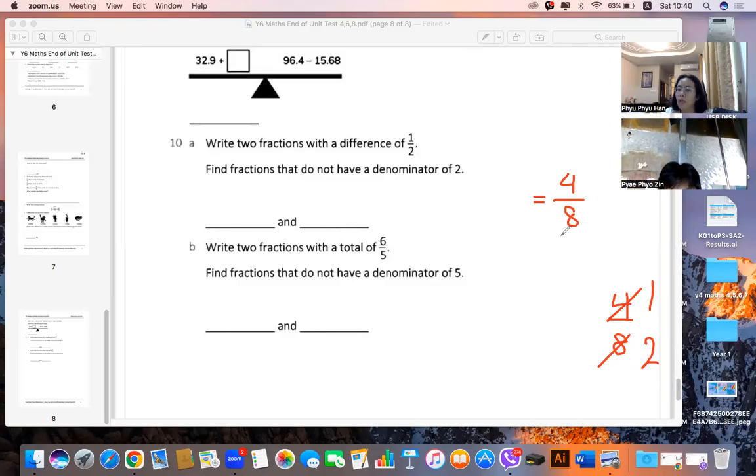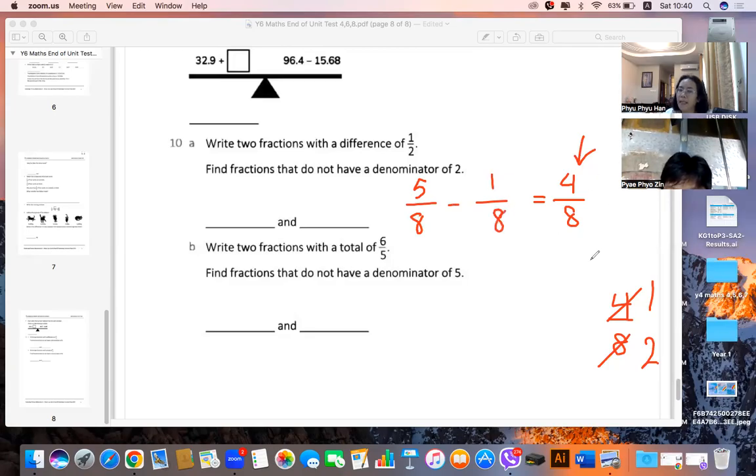So how can we get 4 by 8? How do we need to minus? For example, 5 minus 1, we can get 4, right? You agree? Okay, that's why I will write it like this. 5 by 8 minus 1 by 8. What do we get? 4 by 8, right?